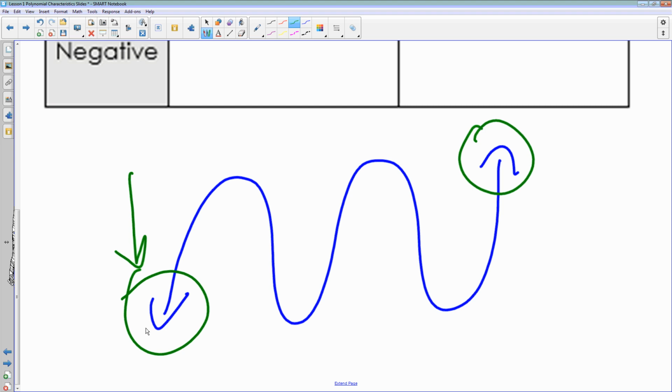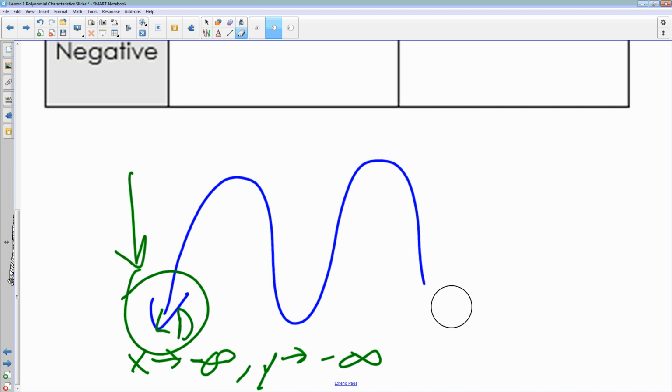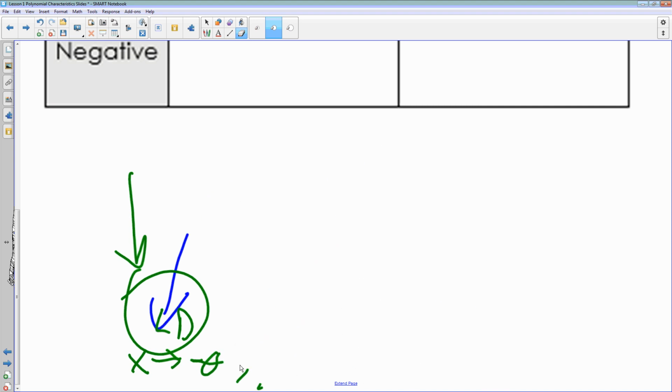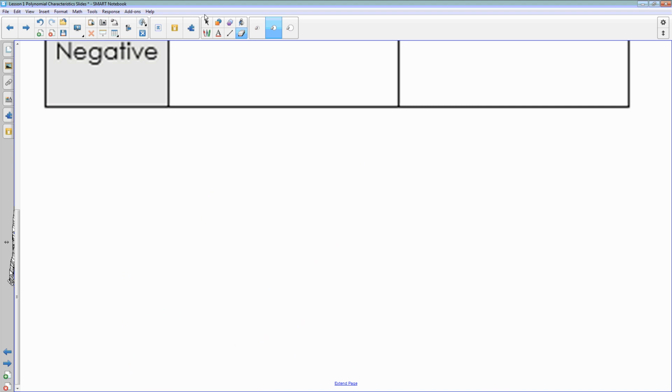So it's going to the left and it's also going down. Because it's going to the left forever, x is going to negative infinity. And because it's going down forever, your f of x or your y is going to negative infinity as well. That's what we mean by end behavior. So hopefully that rings some bells for you, and if not, we'll hopefully review it right now.